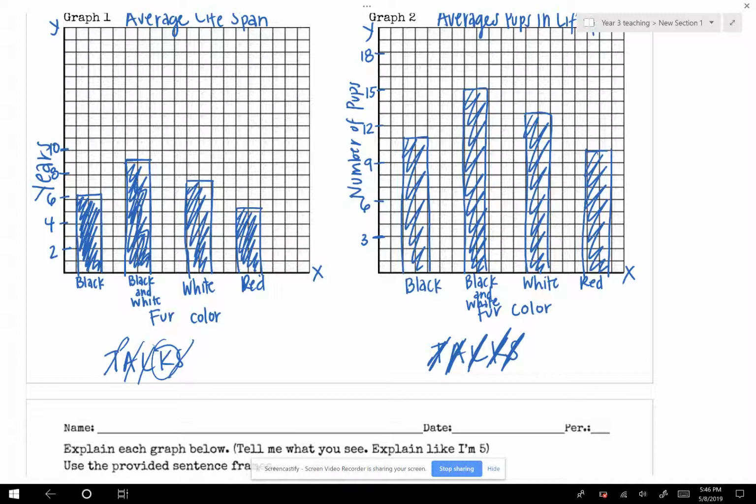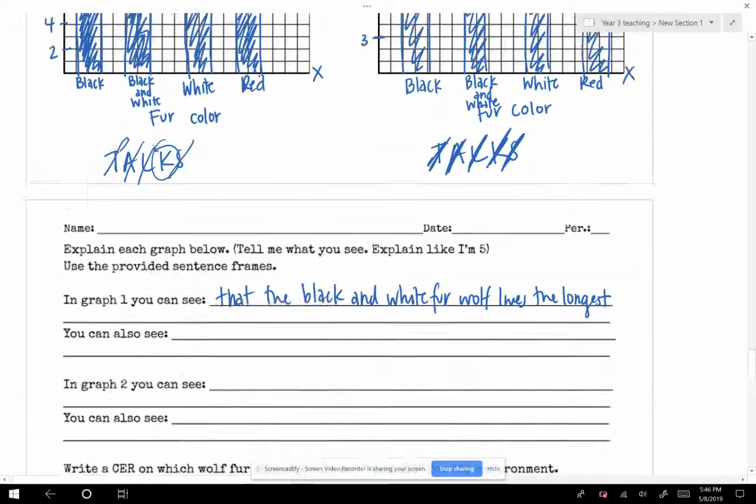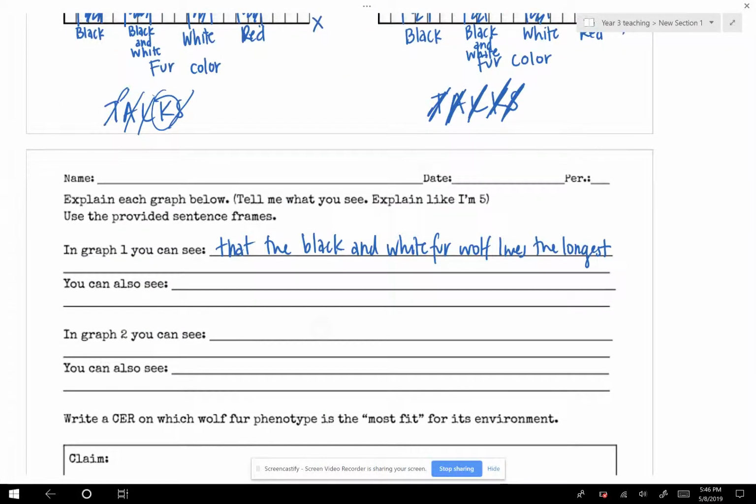I can also say that the red wolf has the smallest lifespan, of 5.2 years.